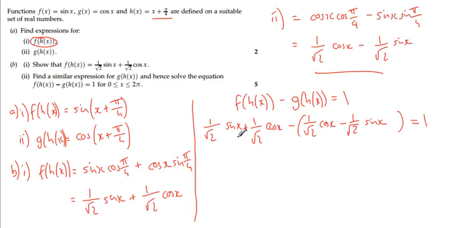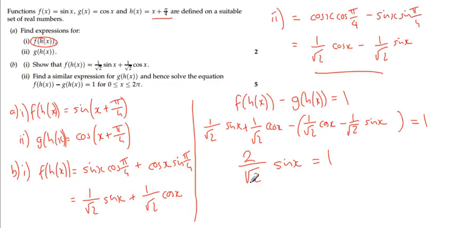I'm just going to skip a step here, but when you break this bracket, that's 1 over root 2 cos x, take away 1 over root 2 cos x, so they cancel out. And when you do negative times that negative in here, that's going to be add 1 over root 2 sine x. So you're going to have 2 over root 2 sine x is equal to 1. And that's what you're really solving.